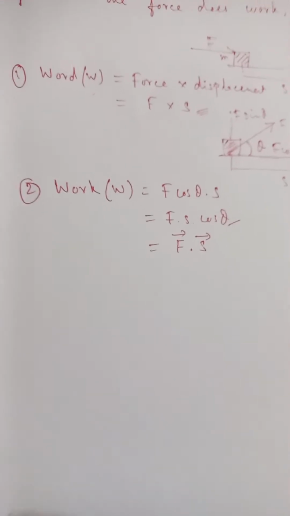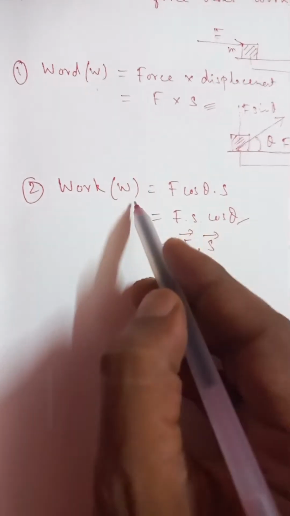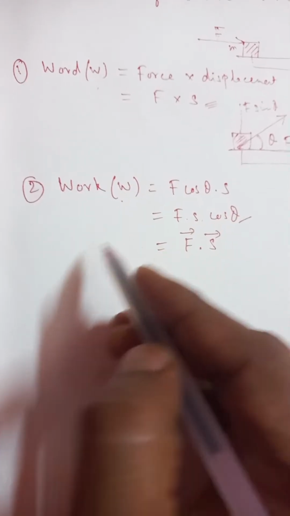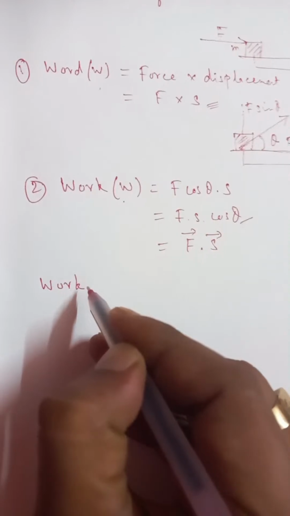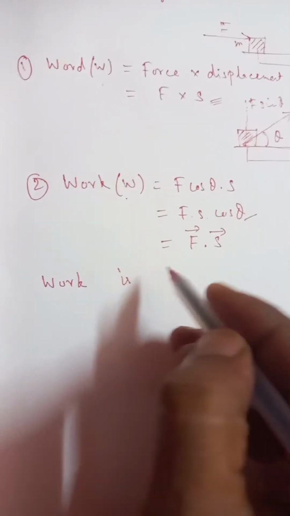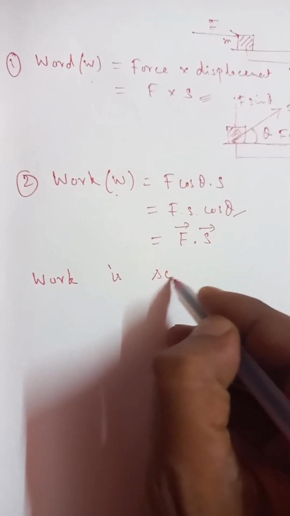Now work is considered a scalar quantity. It has magnitude but no direction. So work is a scalar quantity.